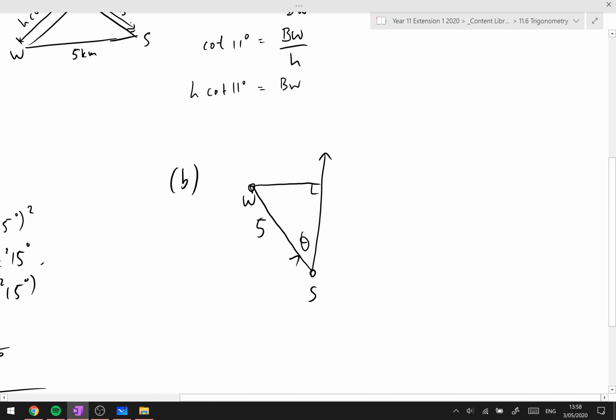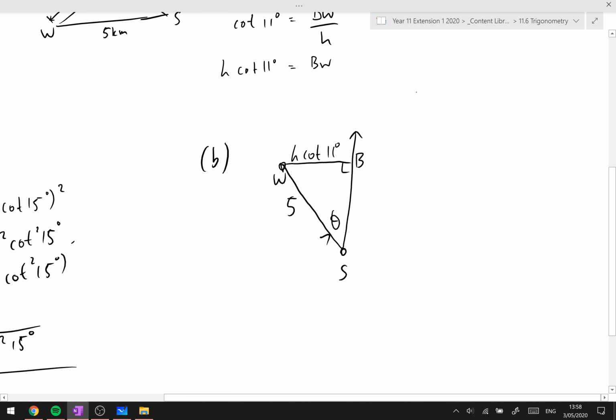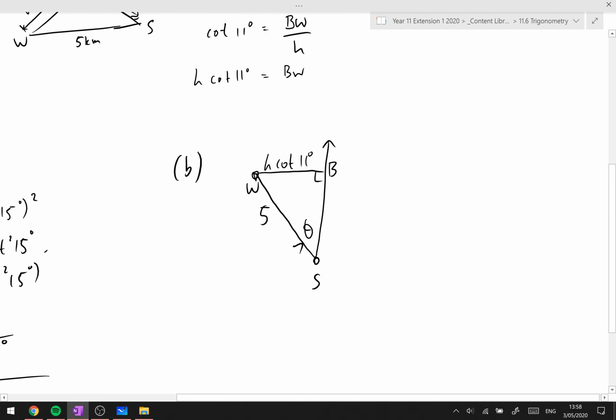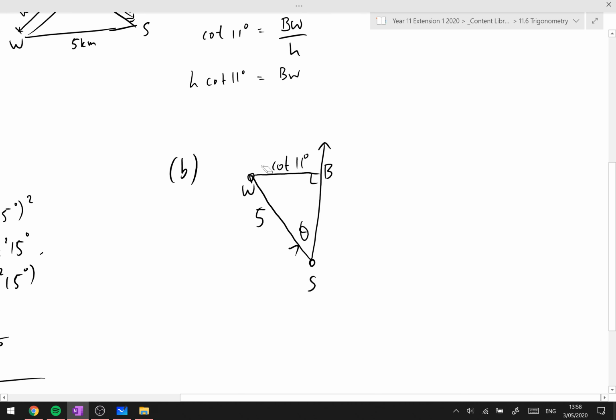We know that the distance between the base of the tower and the western direction, so the base to west, is h cot 11 degrees, as we worked out before. But we now know what h is equal to from back over here. We worked out that h is equal to 0.79 meters. So this is just 0.79 times cot 11, or in other words, something that we're going to work out in a bit.